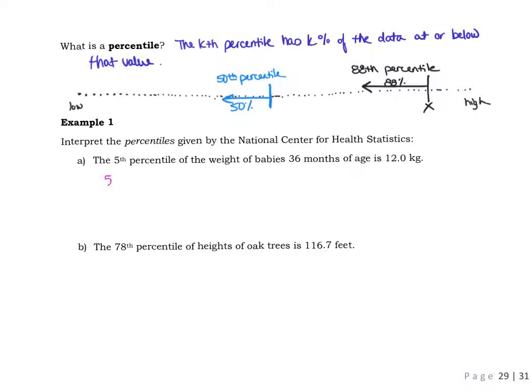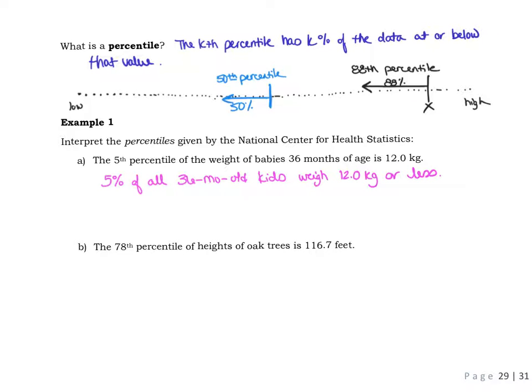Okay, that would mean that 5% of all 36-month-old kids, you can call them babies if you want, weigh 12.0 kilograms or less. Okay, it doesn't mean they weigh 12.0 kilograms. Remember, it's that much or less.